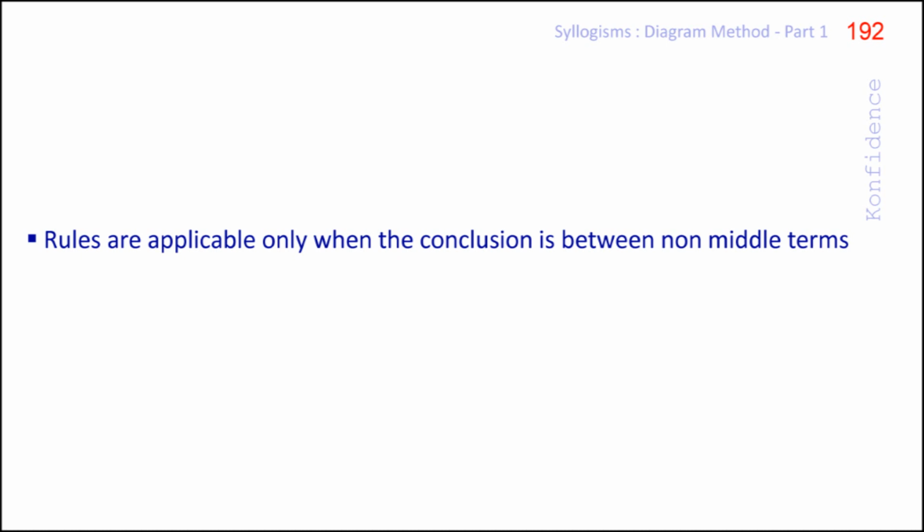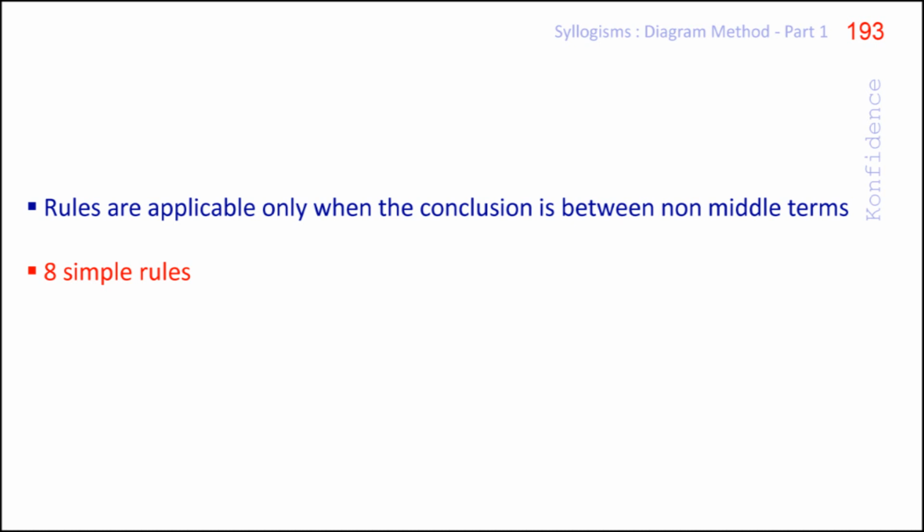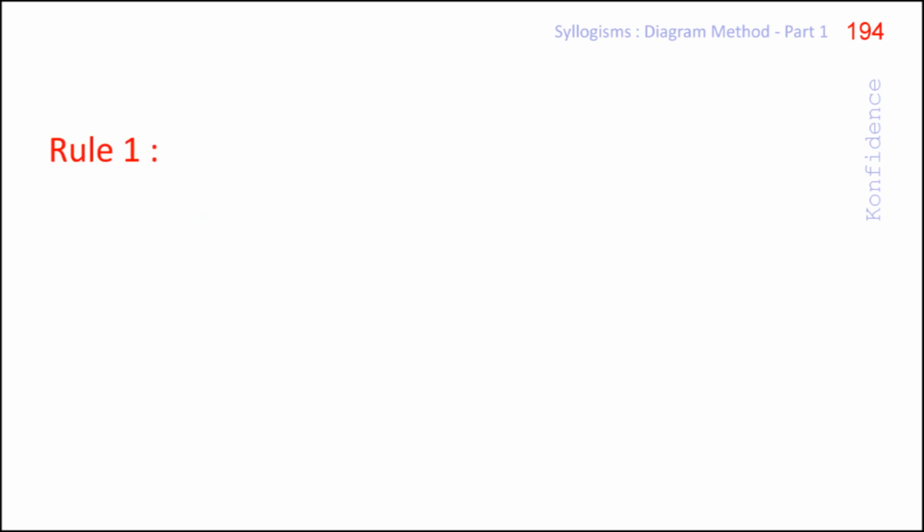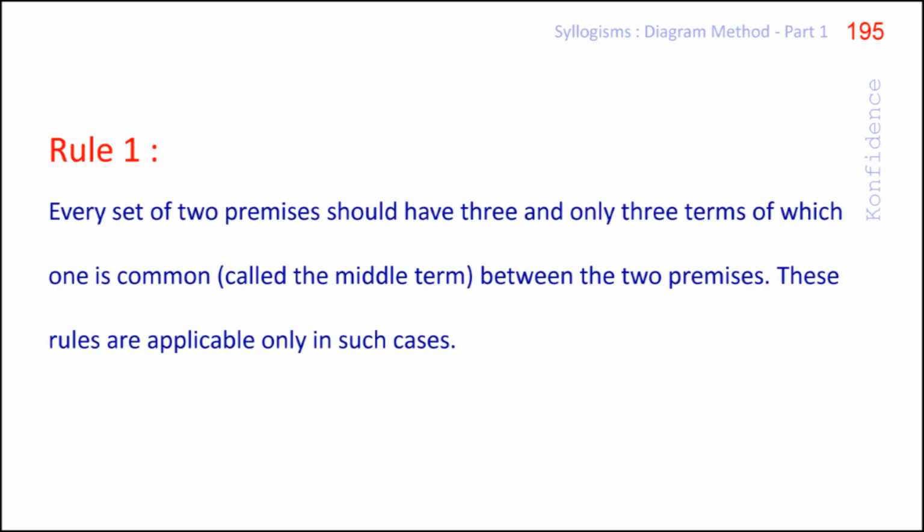Please recollect that a middle term is a term occurring in both the premises. There are 8 rules in total, and let us go through them quickly. Rule 1: every set of two premises should have 3 and only 3 terms, of which one is common, called the middle term between the two premises. These rules are applicable only in such cases.